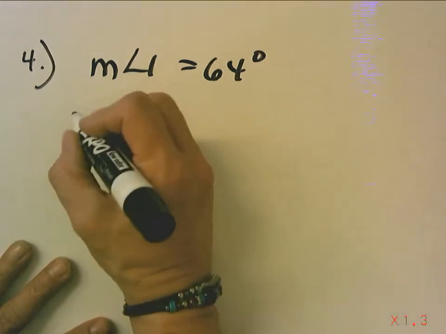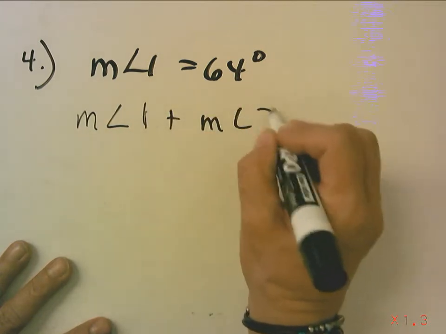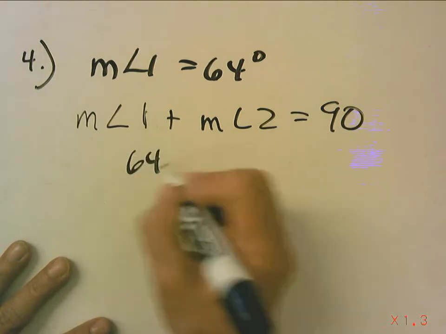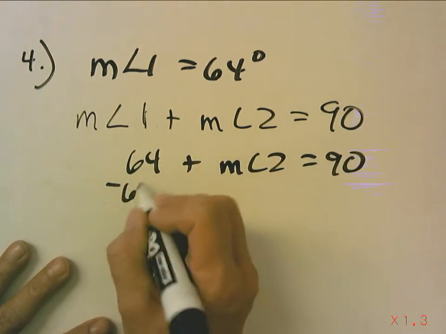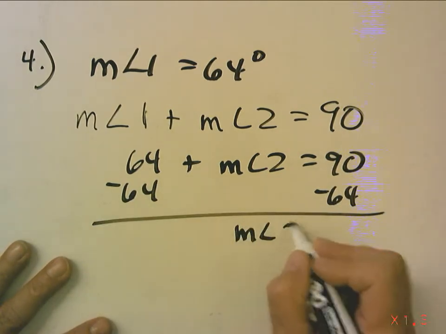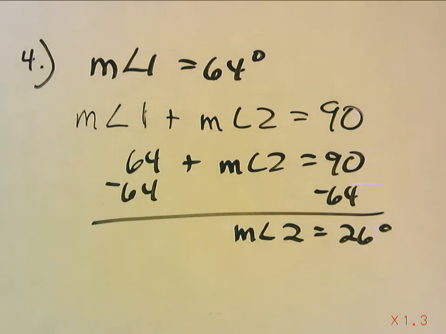You could substitute 64 plus the measure of angle 2 equals 90. Subtract 64, subtract 64, and we get the measure of angle 2 equals 26 degrees.